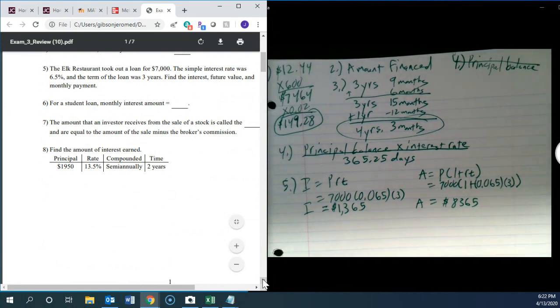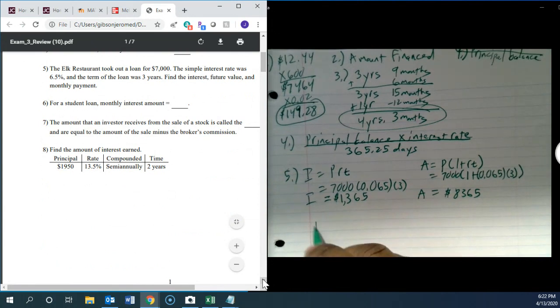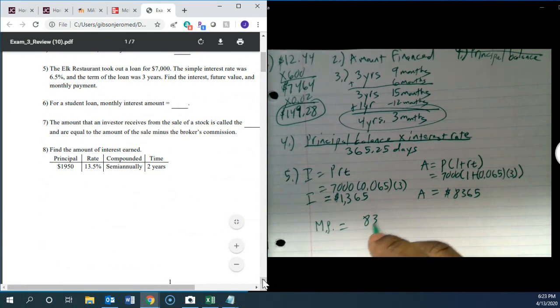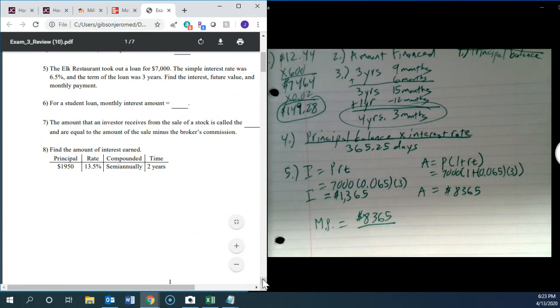All right, now we're at the third part. We want to know the monthly payment, and I'll just put MP for monthly payment. This loan here, the future value of it is $8,365. We want to find out how much we would pay monthly. Remember, it's 3 years.